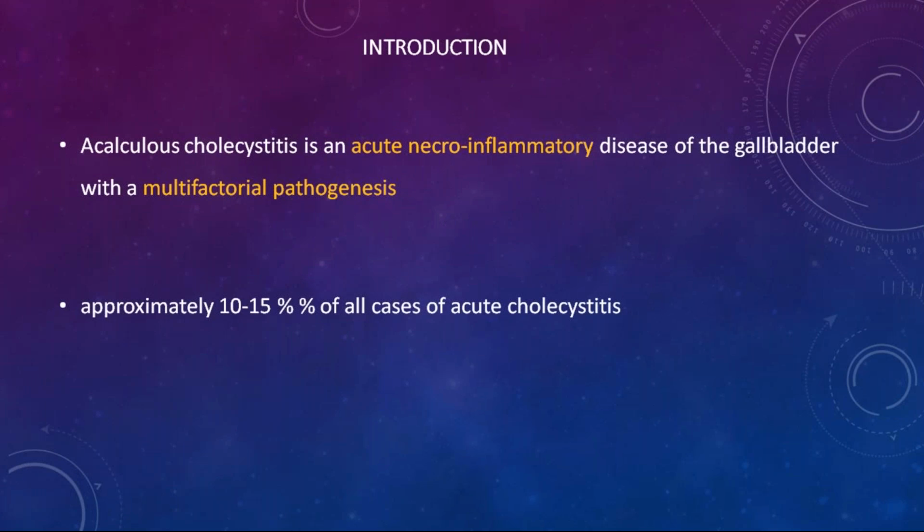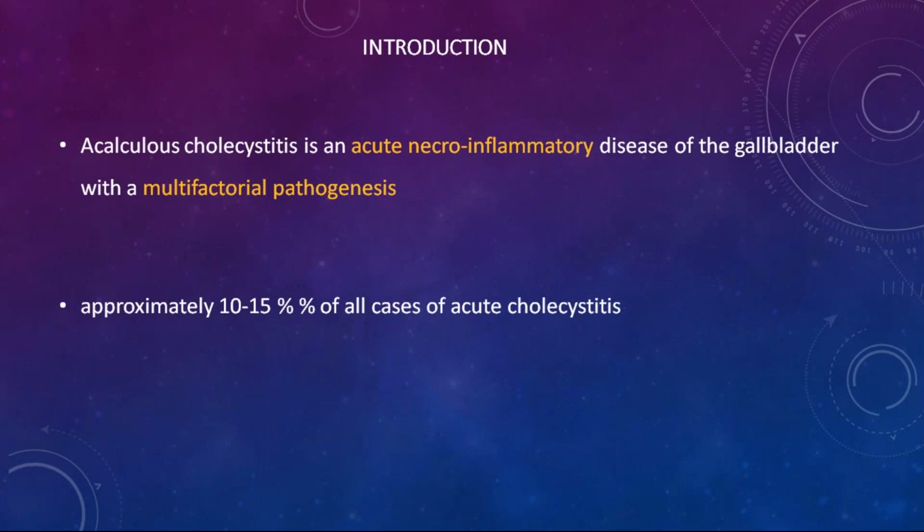As with any cholecystitis, it is an acute necroinflammatory disease, and it has multiple pathogeneses and pathophysiologies for occurrence. About 15% of the cases which present as acute cholecystitis constitute Acalculous cholecystitis.